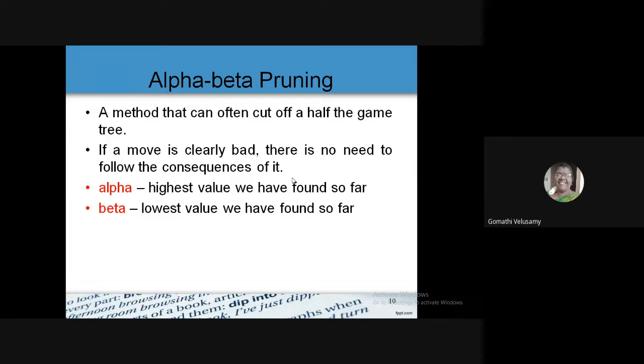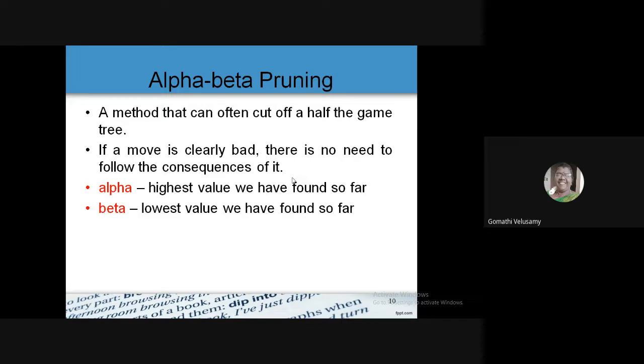Even though you have partially viewed the tree, it keeps the highest value observed so far. Whereas beta maintains the lowest value observed so far while playing the game. So that is called alpha as well as beta.